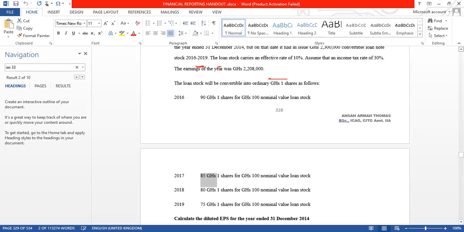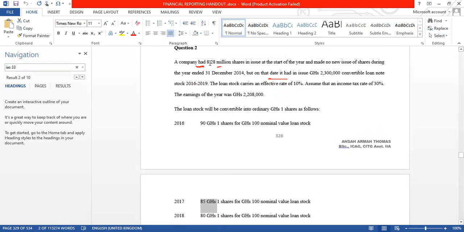If you check from the top, the company has 8.28 million as start, and as at December 31st you have 2.3 million convertibles.